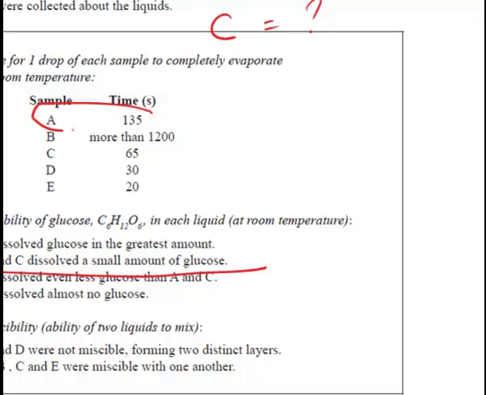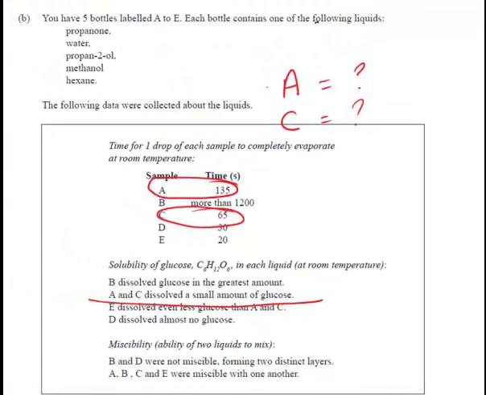So we've just got to decide which is going to have the strongest ability to bond, which is going to take more energy, which is going to have the strongest intermolecular bonding. Now, propanol is a bigger molecule, so you'd expect the temporary dipole bonding to be more significant than it would be for methanol, so you'd expect it to have stronger bonding. So that should lead you to decide that A is going to be propanol, and that really leaves C for methanol.